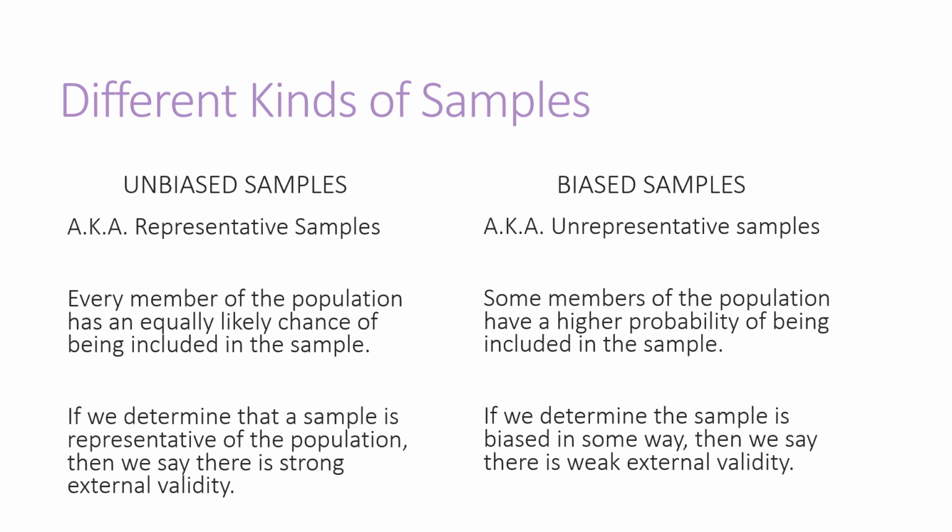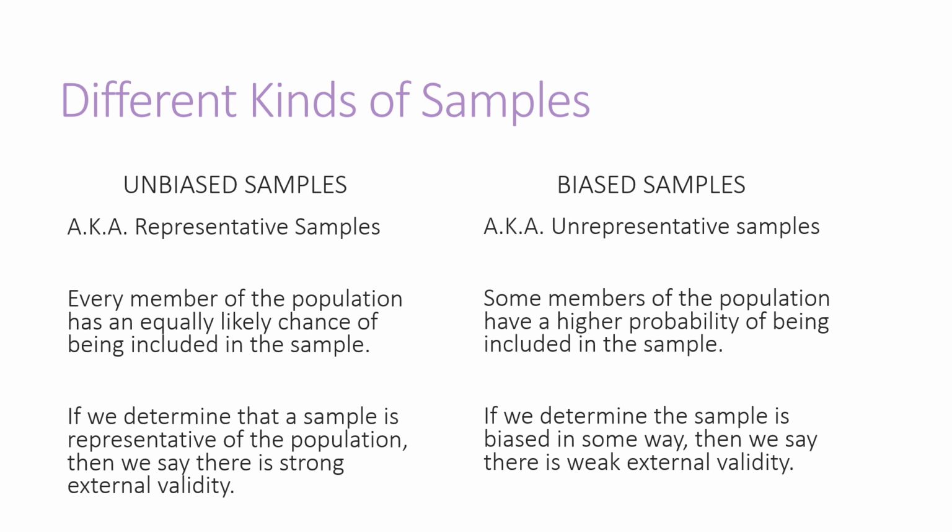The idea here is if you do it in this way, the sample will reflect the characteristics of the population at large just because it's random, and mathematically that's going to work out 98% of the time. And so what representative means here, which you get through this way of sampling where you get an equally likely chance of being included in the sample, is a sample that does reflect the characteristics of the population.